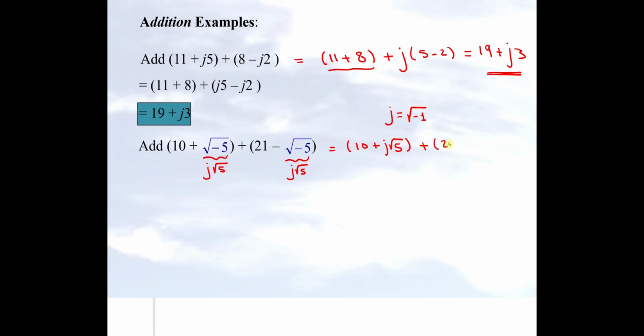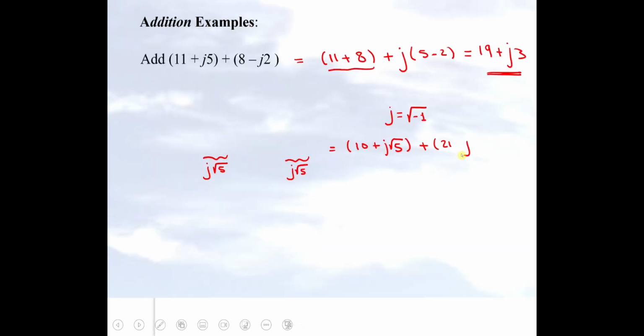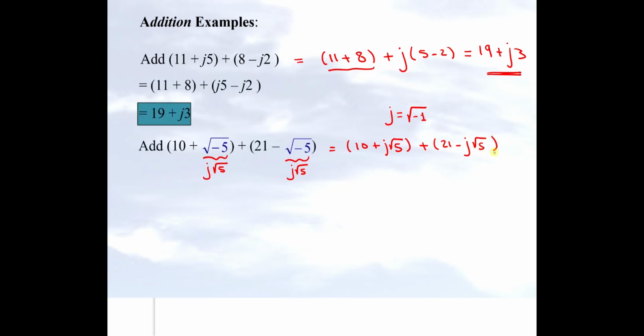plus 21 minus j square root of 5. Okay, now to do the addition, you add the real parts together. So the real part of the first number is 10, from the second number is 21, and then the imaginary part.